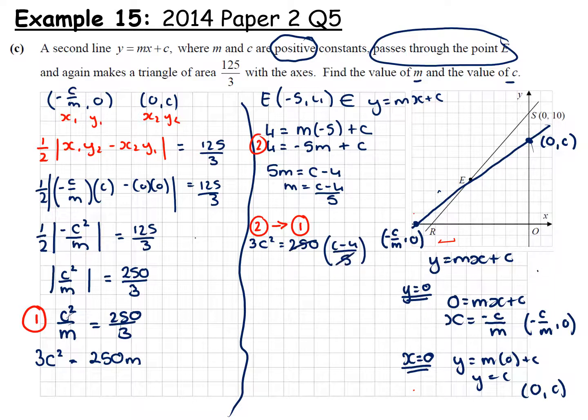A little bit of cleanup here, so I got 3c squared is equal to 50c minus 200, 3c squared minus 50c plus 200 equals 0.